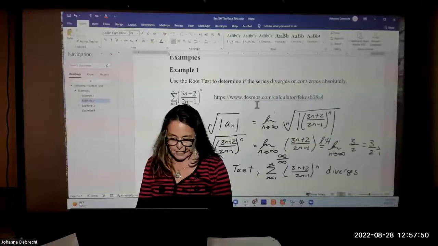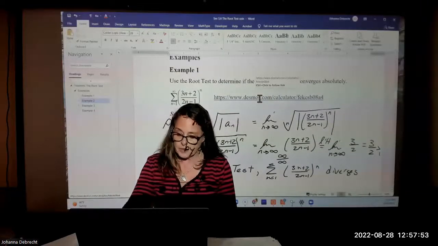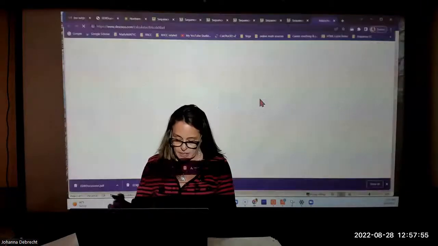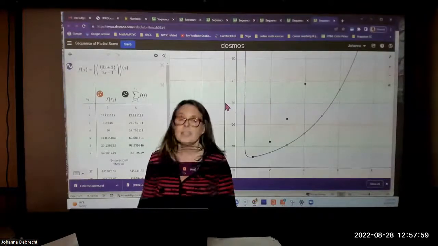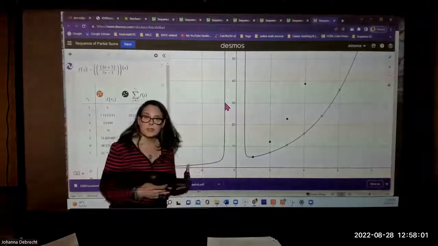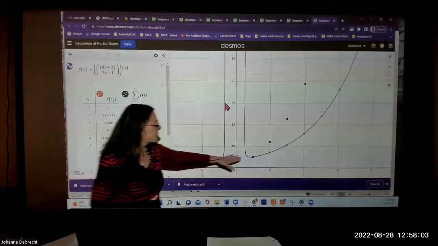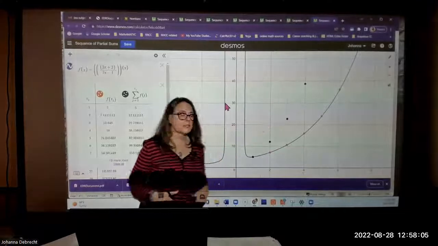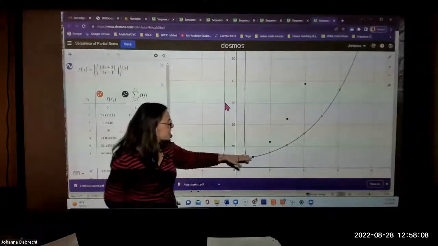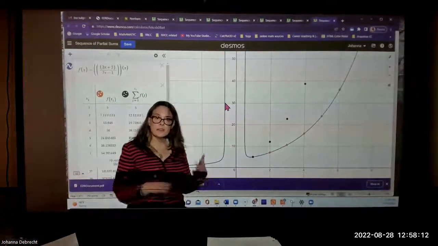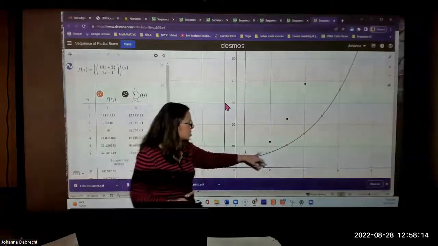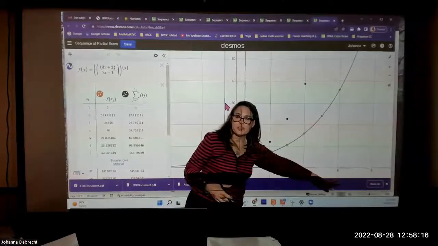All right, now let's take a look at what the sequence of partial sums plot looks like on this one. So if we get this one going, we can see very quickly by looking at the sequence of partial sums that the black dots look like they're growing to infinity. And that's because the values inside the series, the orange dots, are not approaching 0.